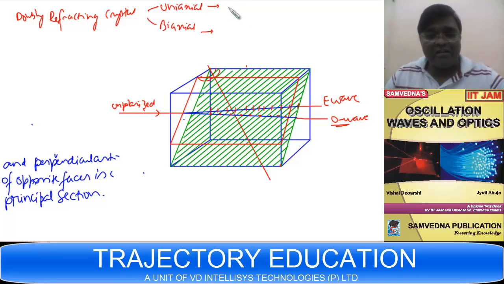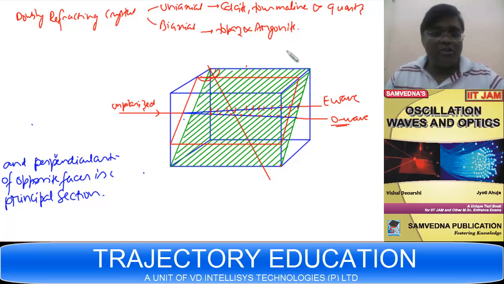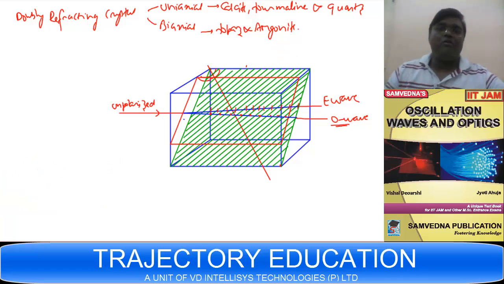In uniaxial, you have just one optic axis, and the examples are calcite, tourmaline, and quartz. Whereas in biaxial, you have two optic axes. The examples are topaz and aragonite.